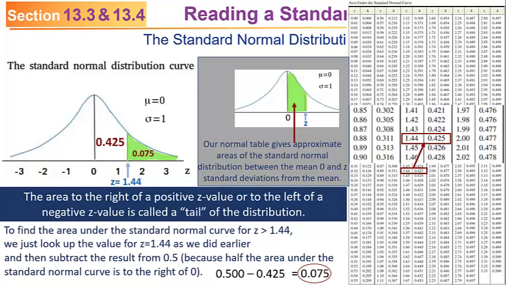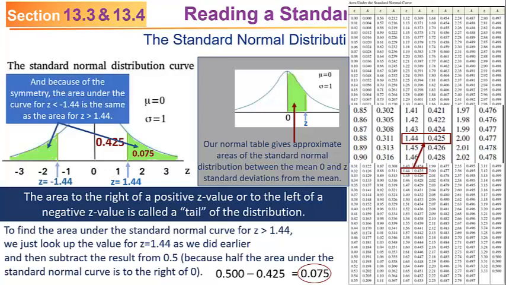The other variation of that is if you were looking for the left tail instead of the right tail. It would be the same, right? Because of symmetry. The fact that z is equal to negative 1.44 going to the left doesn't change the fact that the area is still 0.075.